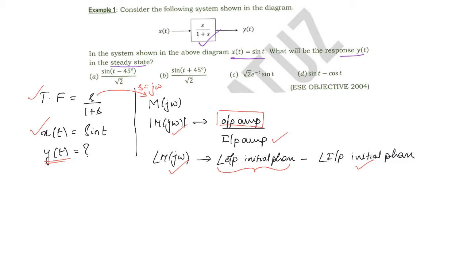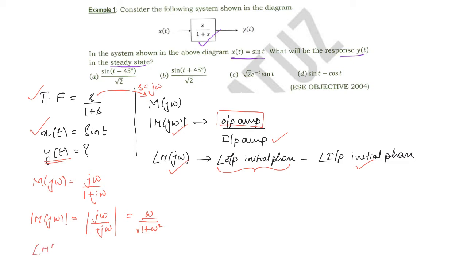Now if you substitute s is equal to j omega, then the frequency response M of j omega is equal to j omega by 1 plus j omega. Now what is the magnitude? This will be equal to mod of j omega by 1 plus j omega, which is equal to omega by root over 1 plus omega square.